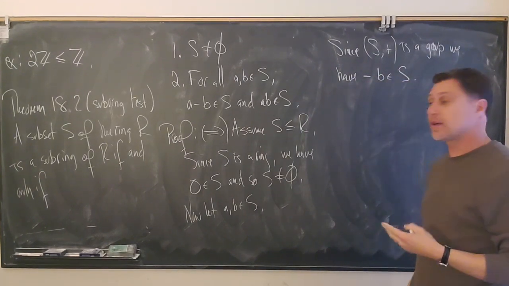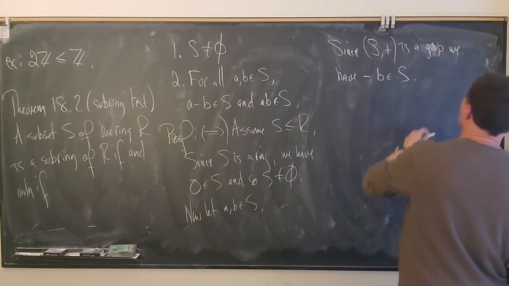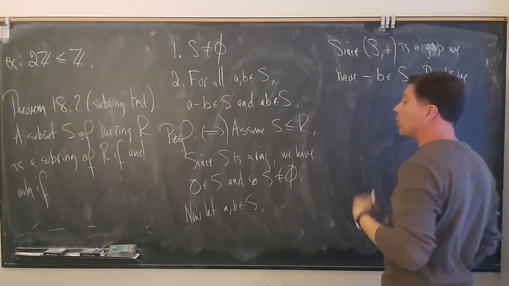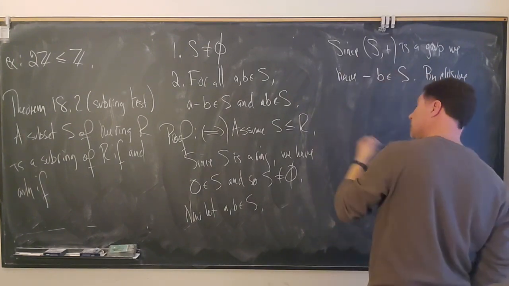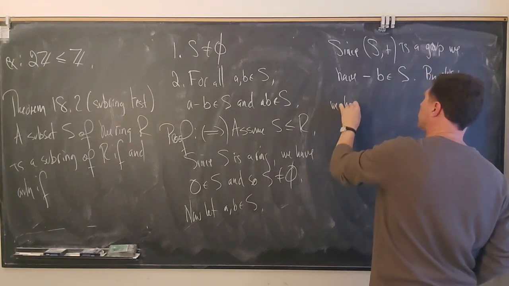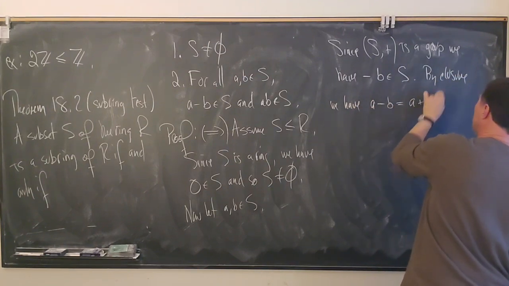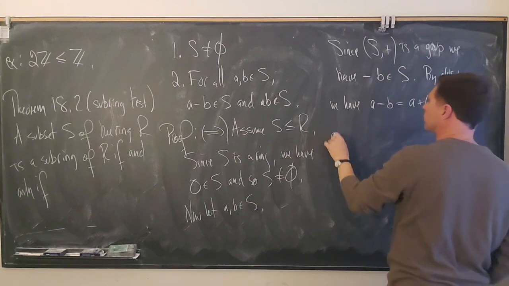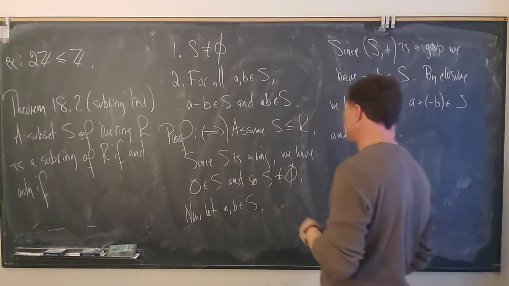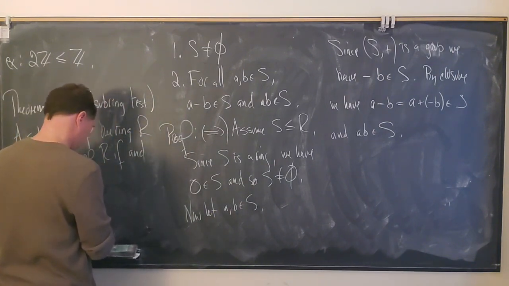Because S is closed under inverses. If B is in S, then minus B, its inverse, also has to be in S. So now, by closure, we know that S is a ring, which means that it's closed under both addition and multiplication. So by closure, we have A minus B, which just means A plus negative B, is an element of S, and AB is an element of S. Since S is closed under both addition and multiplication, A minus B and A times B have to be in S.